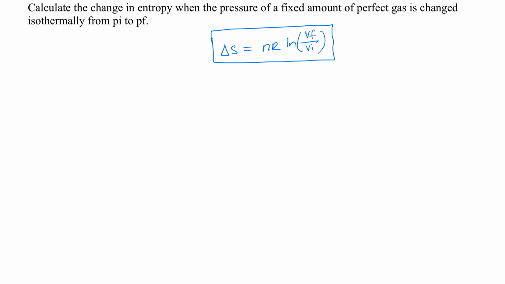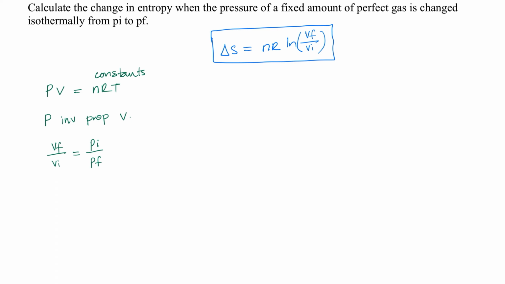Now, if we look at our ideal gas equation, we know that PV is equal to nRT. Since n, R, and T are constants, P is inversely proportional to V. So in other words, Vf over Vi is going to equal Pi over Pf.